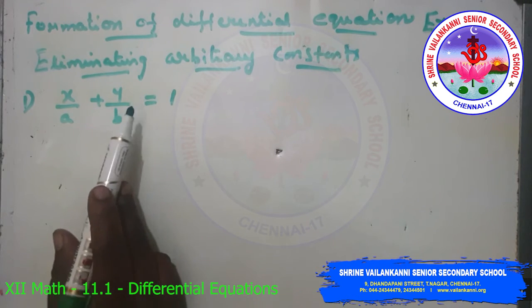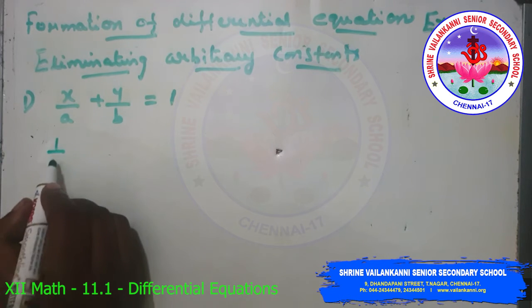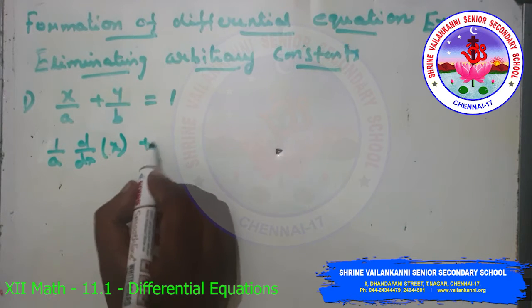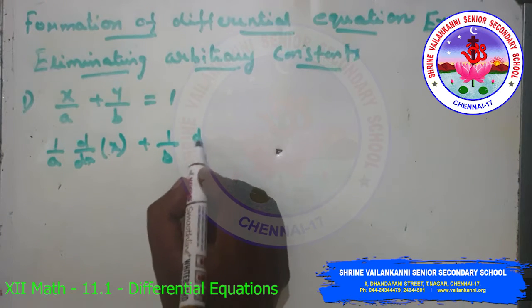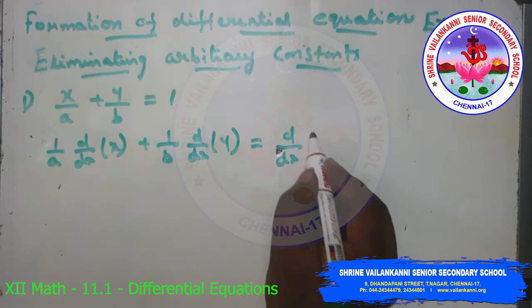Differentiating this, I'll write it as 1 by a of d by dx of x plus 1 by b of d by dx of y which is equal to d by dx of 1.